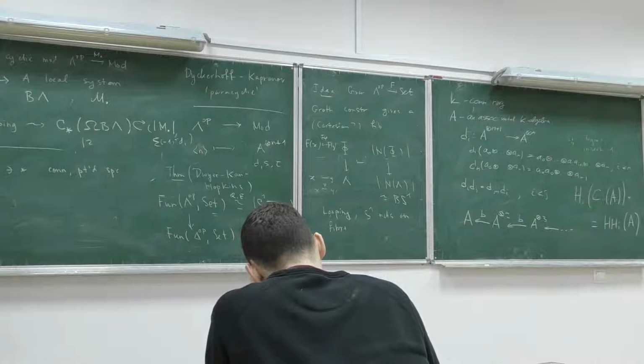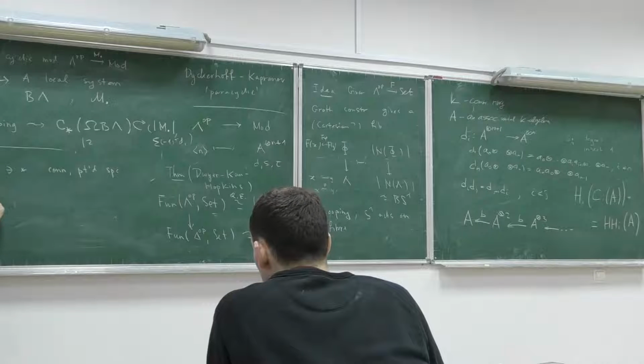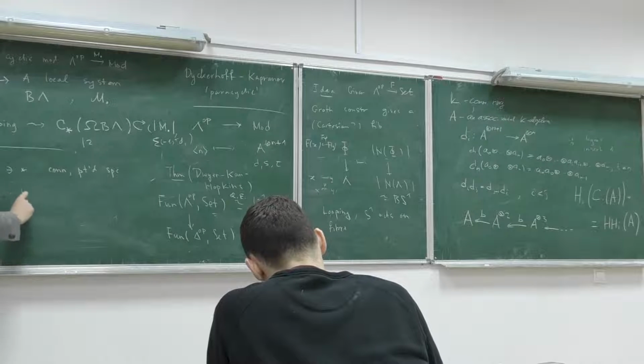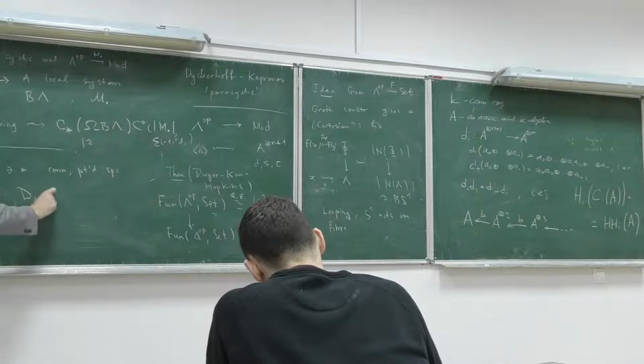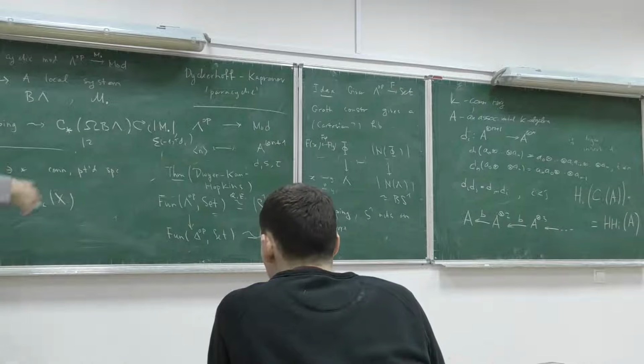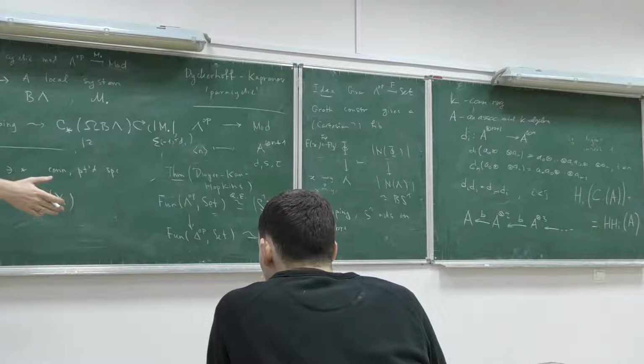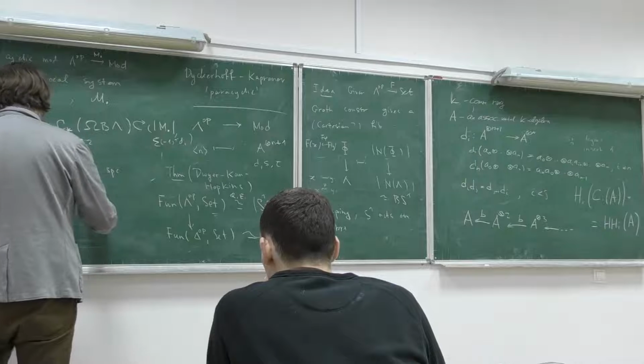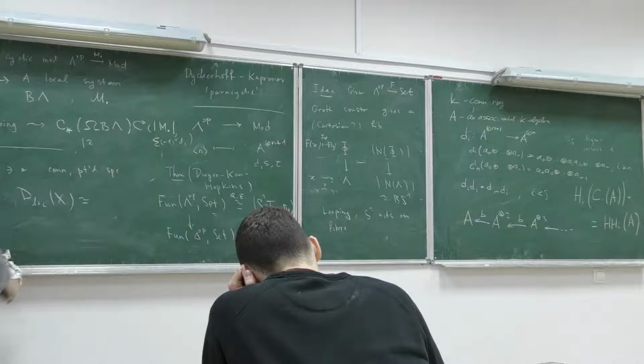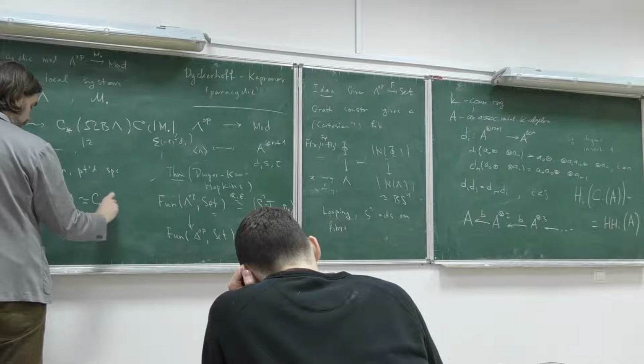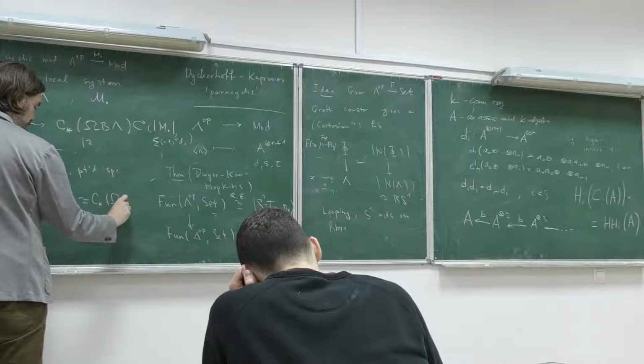Then I claim, proposition, that the derived category of local systems on X, so you can look at the derived category of complexes of sheaves with locally constant homology sheaves, I claim that this is equivalent to DG modules on chains of the base loop space.